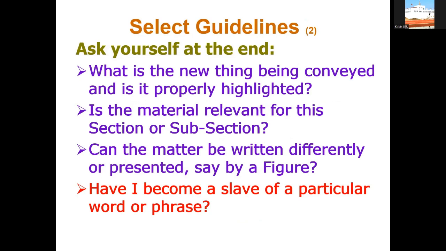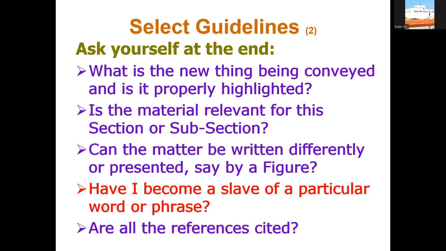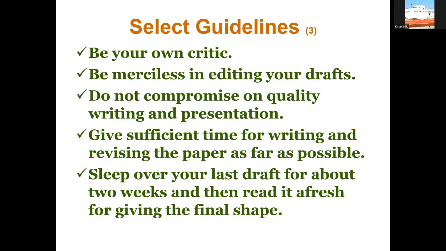Can the matter be written differently or presented, say, by a figure? You have to think over it. Have I become a slave of a particular word or phrase that I have used in my research paper? Are all the references cited or not? You have to be very cautious that no matter related to your topic has been left out.